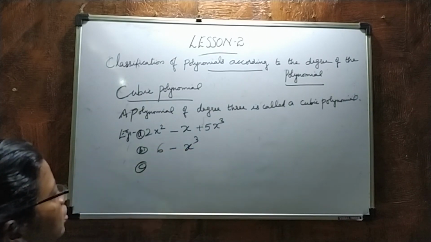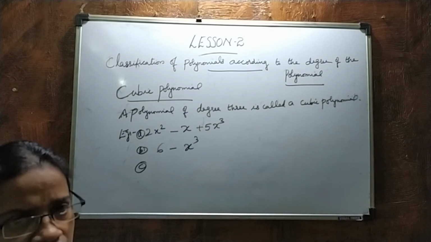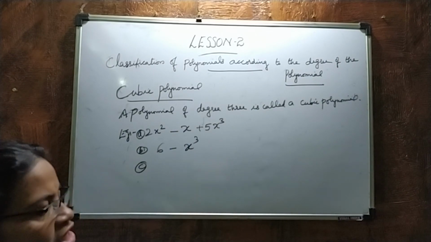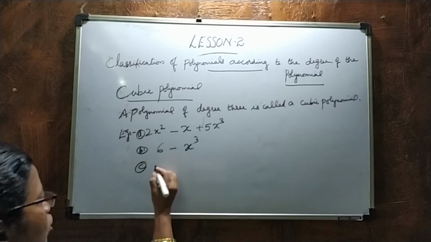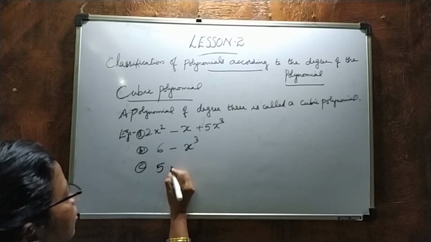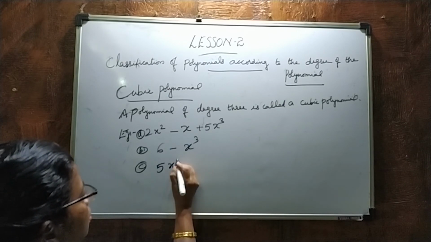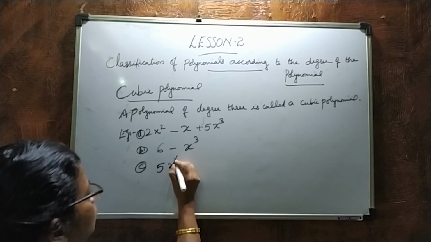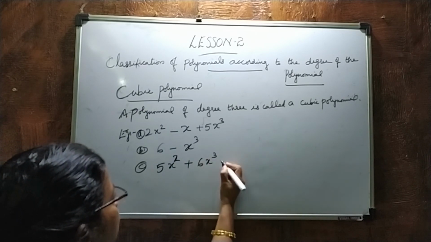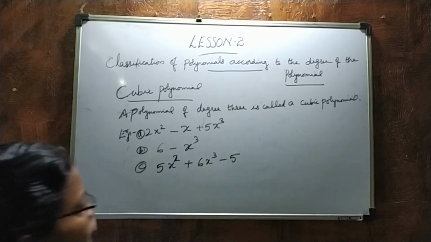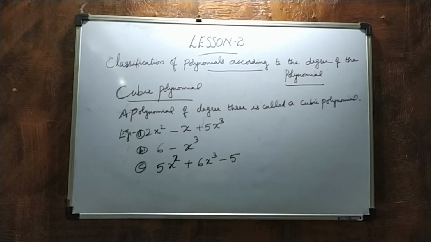Then C, only 2 terms are there. What highest degree is 3. Highest exponent is 3. And then we can write it as 5x raised to 2 plus 6x cube minus 5. Okay, these are all examples we can write, and the degree is 3.